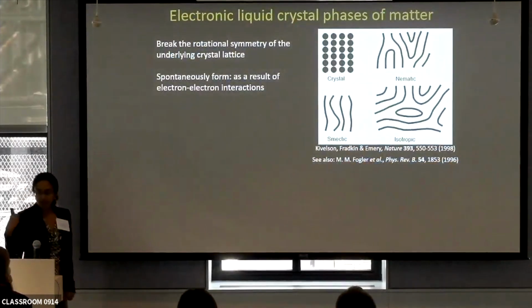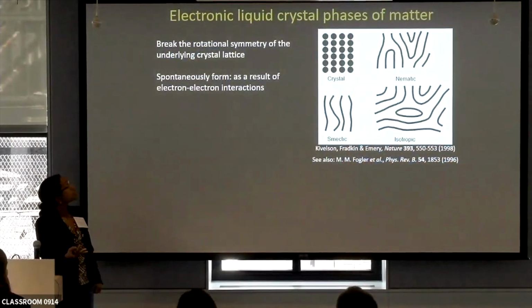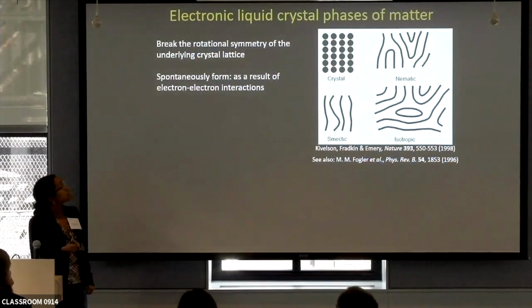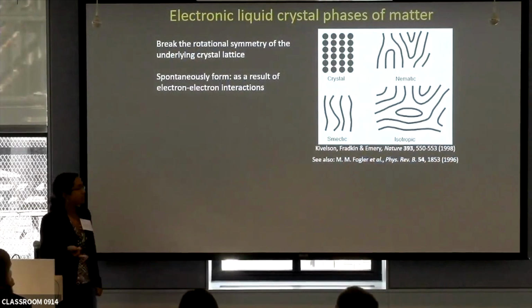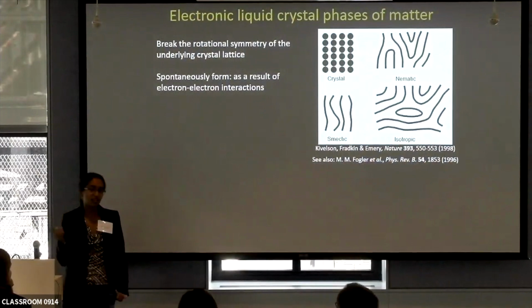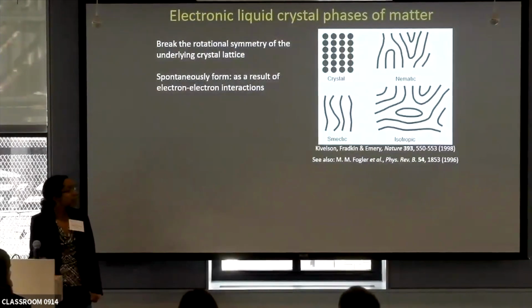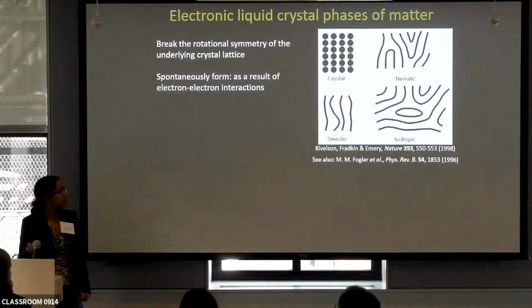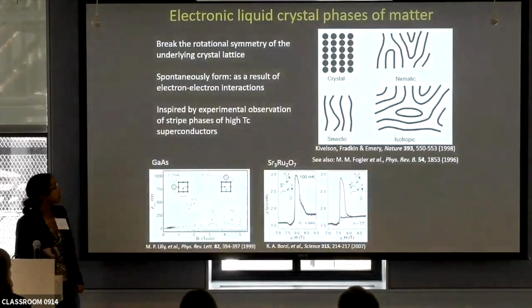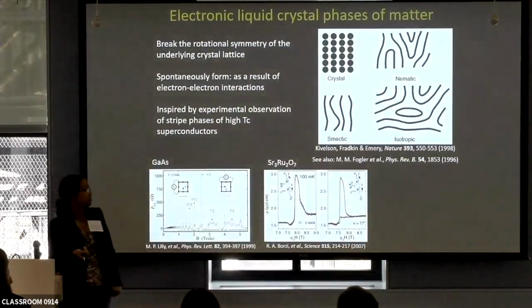So just briefly, nematic electronic states are states that break the rotational symmetry of the underlying crystal lattice. And these are analogous to classical liquid crystal phases. And these nematic states were first proposed and inspired by the observation of stripe phases in high temperature superconductors.